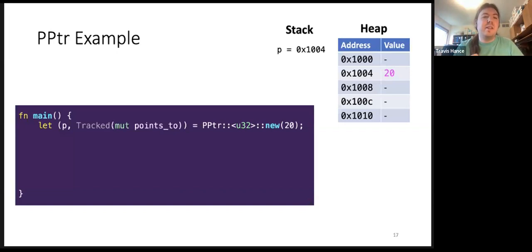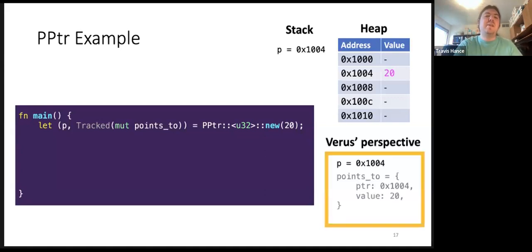However, you can see the p-pointer also returns this points to object, and it's in this little tracked thing, which is a special Verus thing that basically means the points to is a ghost object. But otherwise, you can ignore it. So the points to object again doesn't really exist, but Verus does see the points to object.